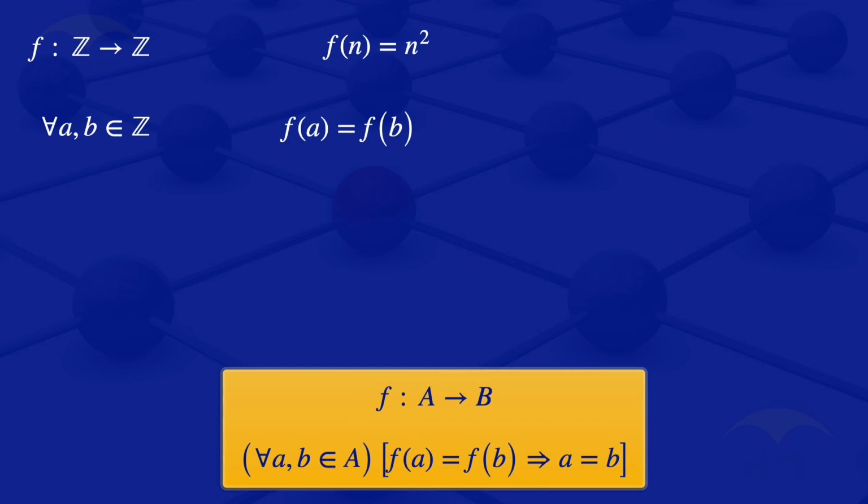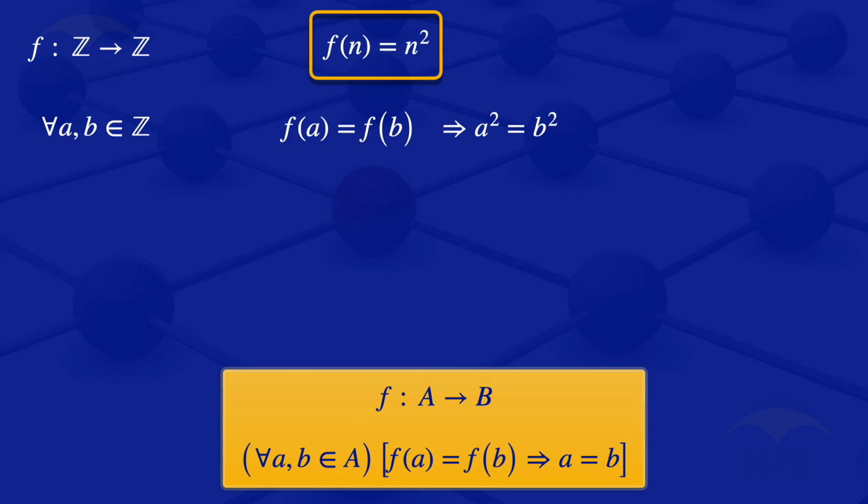But in this case, the function is defined by n squared. So for our f of a, we substitute a into this equation, then we would have a squared. For f of b, we substitute b here, then we would have b squared. So using this definition, this equation will give us a squared equals b squared.